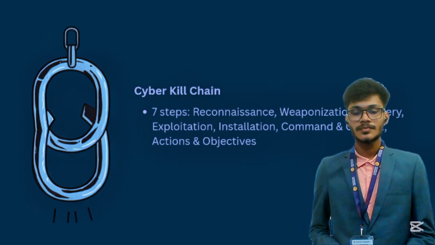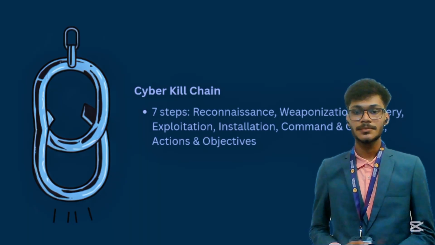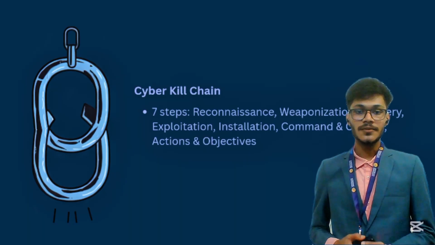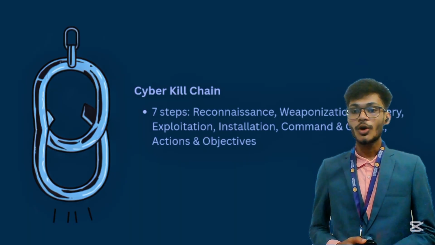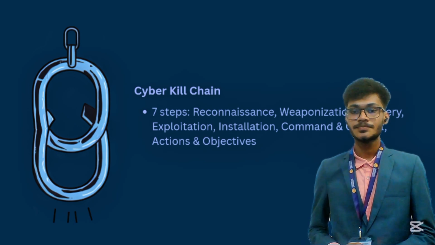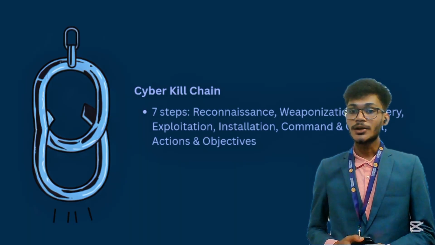Cyber kill chain. The cyber kill chain describes the seven stages of a cyber attack: reconnaissance, weaponization, delivery, exploitation, installation, command and control, and finally actions on objectives. Each stage is a chance for defenders to detect and block the attack.